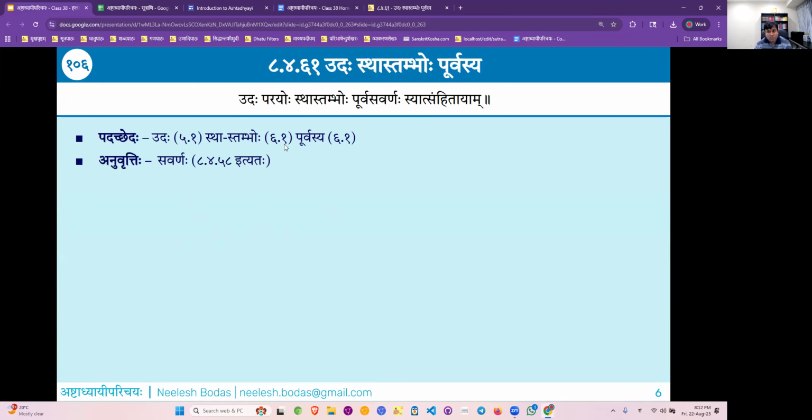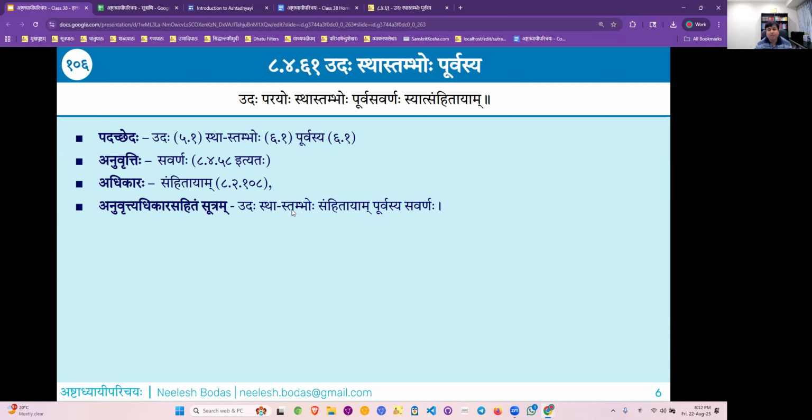Stha stambho is shashti dvivachanam. Why do I say ekvachan every time? Typing mistake. Shashti dvivachanam. So that is the sthani. Purvasya is the purvasya savarnaha. So it indicates the avayava. Purvasya savarnaha bhavati samhitayam. Udaha stha stambhoho samhitayam purvasya savarnaha.